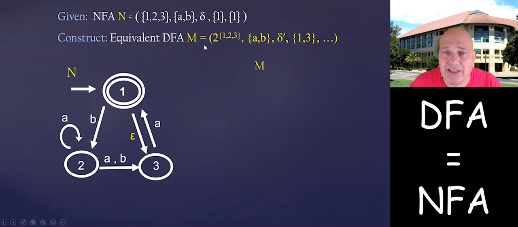So it has 8 states, which are all the subsets of 1 to 3. And one thing we could have done is just draw these 8 new nodes and calculate all the transitions that are possible from all of these nodes. So 8 nodes, and we have 2 alphabet symbols, so we can ask 16 questions here.